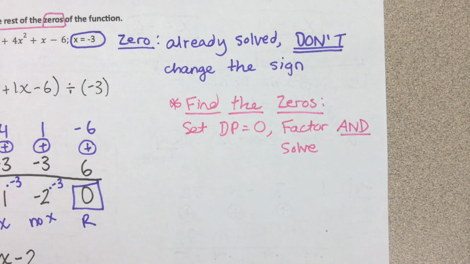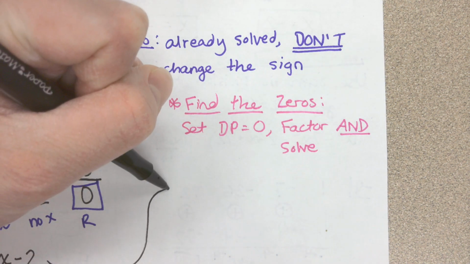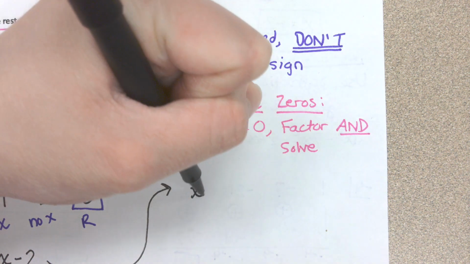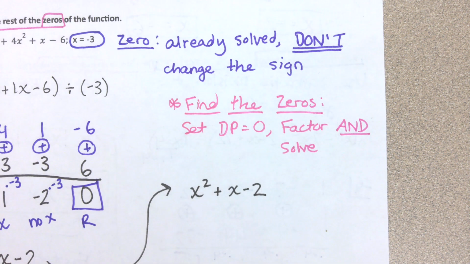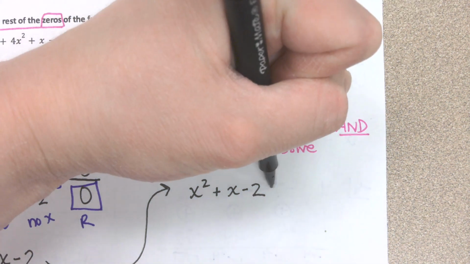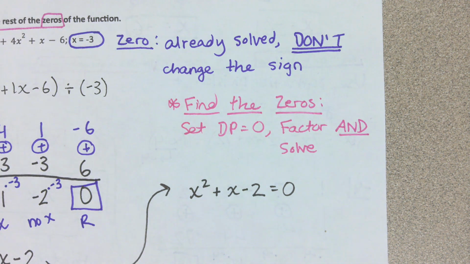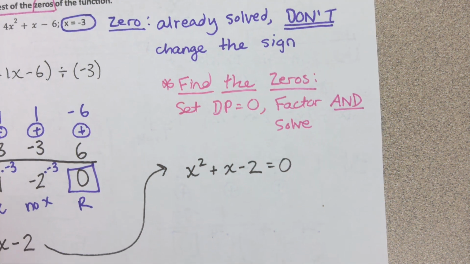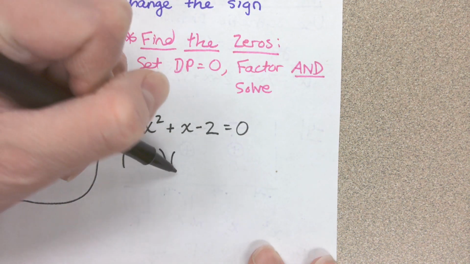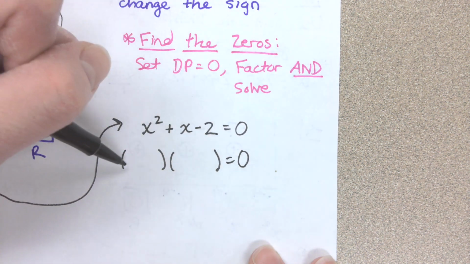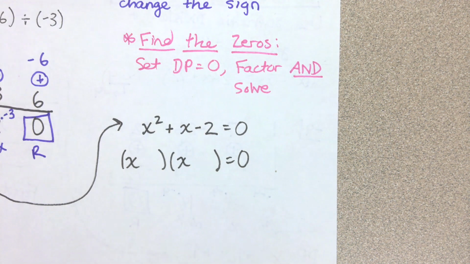Let's take our dp. X squared plus x minus 2. And we'll set that equal to 0. Don't forget that part. We'll factor first like we have been. Got our x's. Don't forget the equals 0.